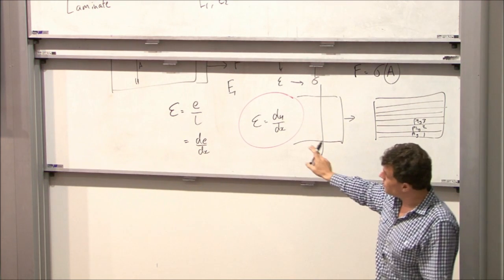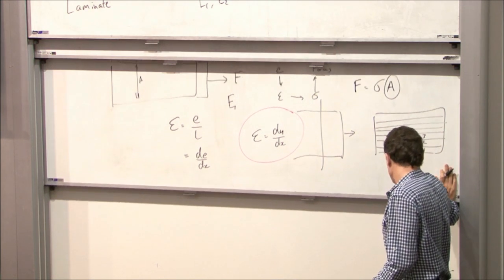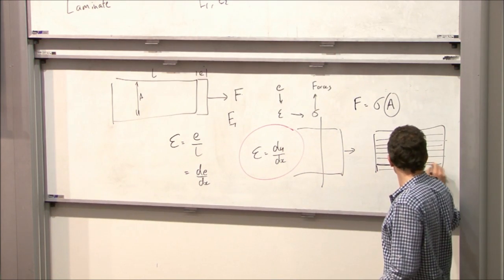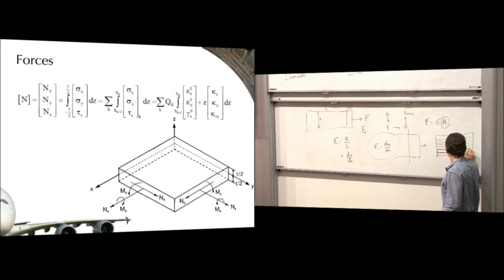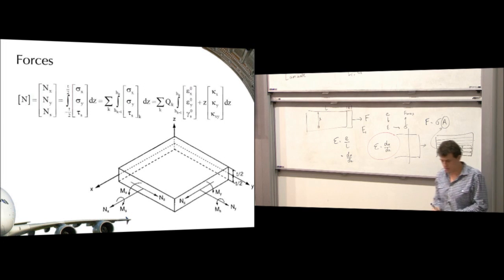Now, we can sum up the stresses on each one of those plies, or we can sum up the areas of those plies to get to here. So if I wanted to work out the force on the total stack, if I had the stress in the area of each level, I could add up to the total force.